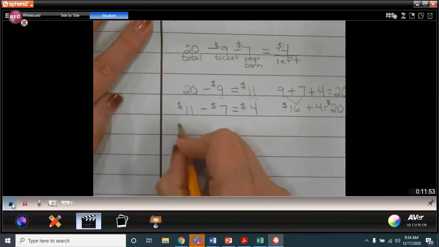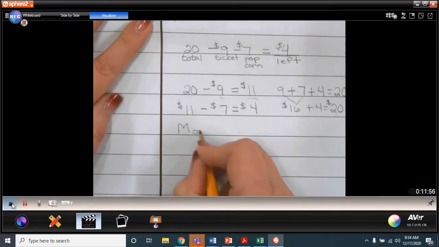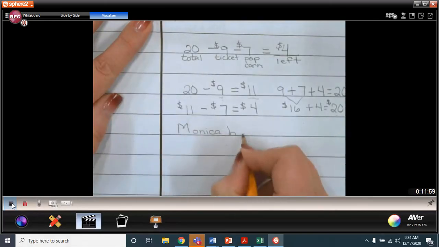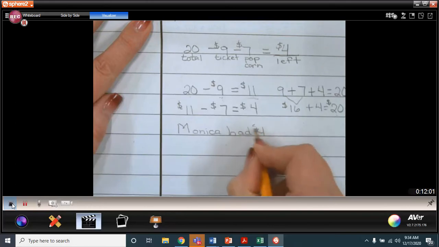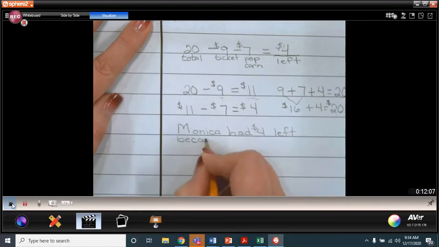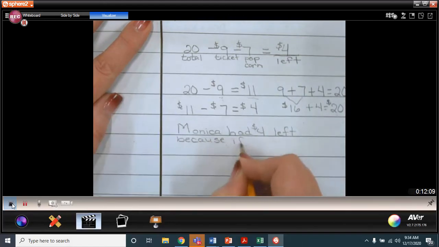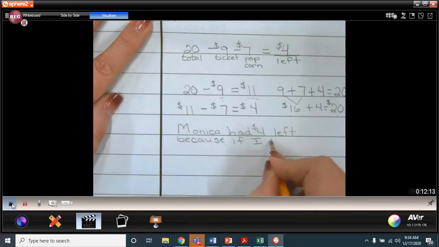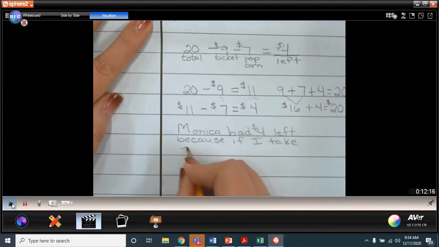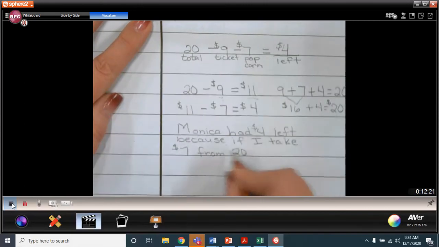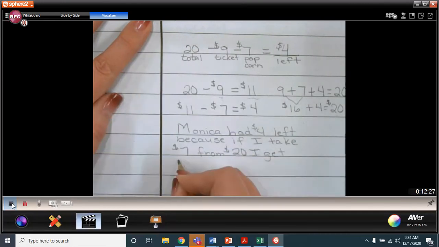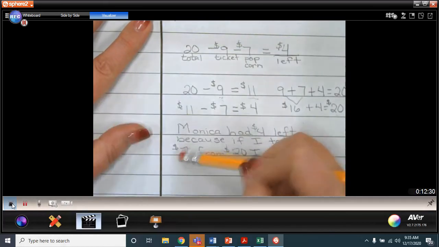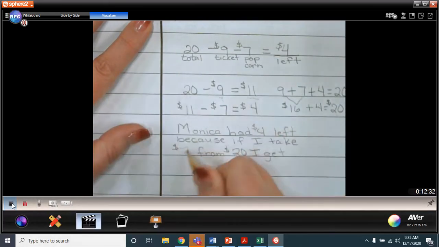So now we could say Monica had $4 left because if I take $7 from 20, I get, oh, sorry, I guess I should have started with $9 first.